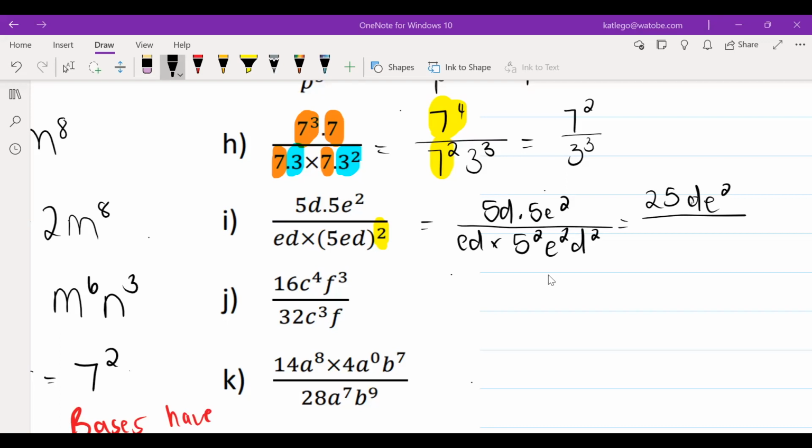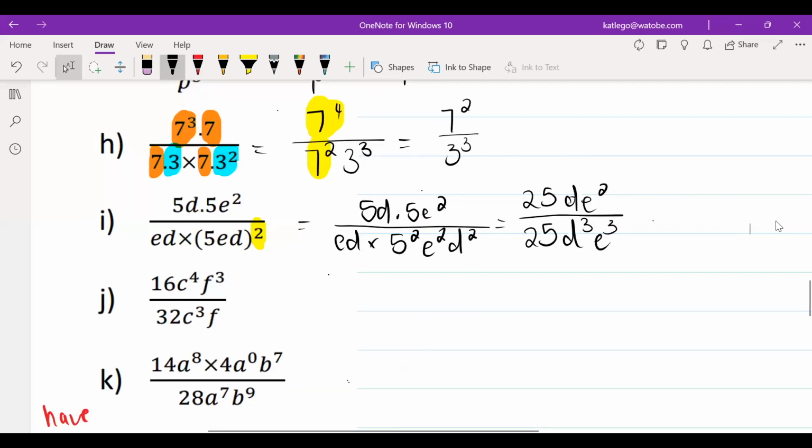So we also have a 25 in the denominator. How many d's are in the denominator? Thank you, Asponge. E cubed and e cubed. Now we can simplify even further, right?